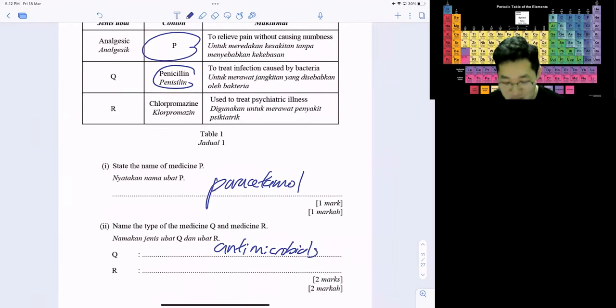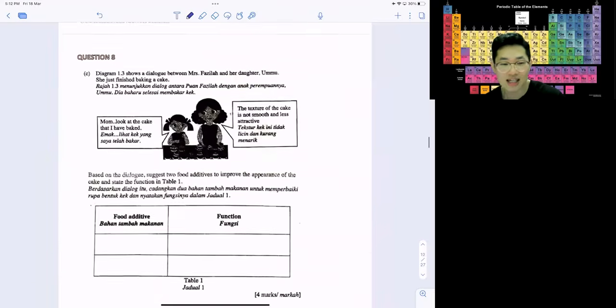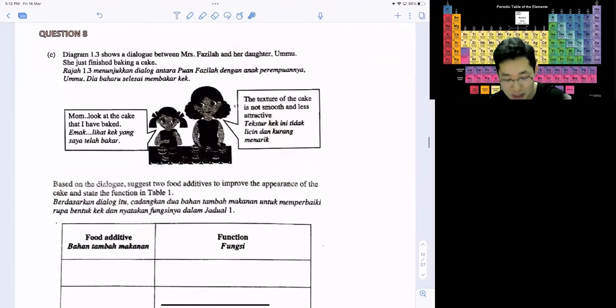Then chlorpromazine is used to treat psychiatric illness. So this one will be the psychotic drugs. Psychotic drugs. Okay.